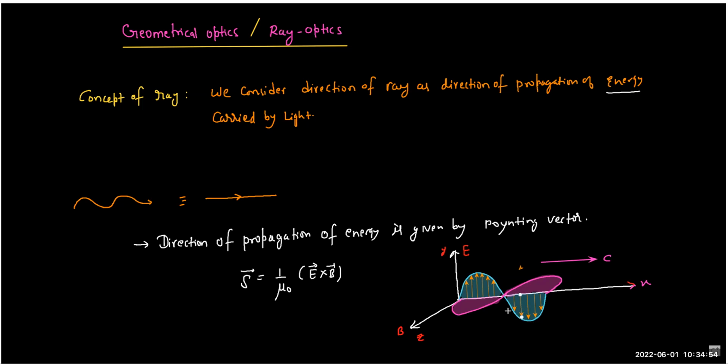Like this, the electric field is oscillating, and the magnetic field in a different plane.